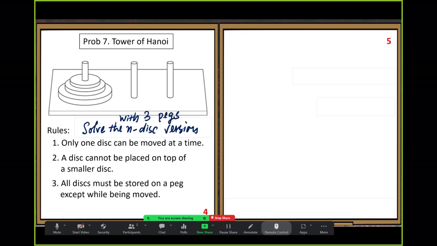N disks does not mean you also increase the number of pegs to N. Otherwise, too easy, right? So not N pegs, still 3 pegs. That will be very challenging. Think about even 10 disks. Extremely challenging. But if you want to try, you can try with 3 pegs.